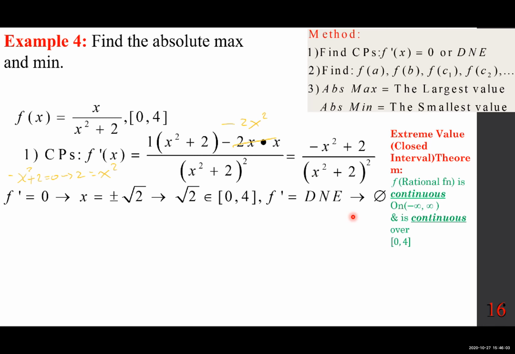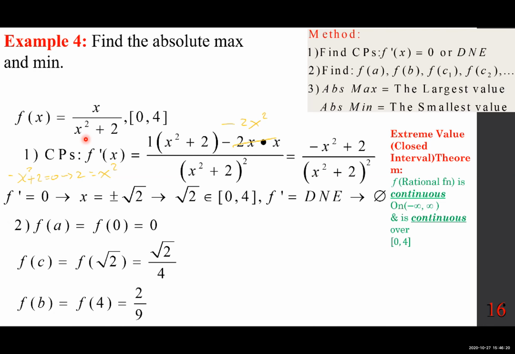What comes next? Plug in. I hope you see if you plug in 0, you get 0. If you plug in 4, you get 4 over 16 plus 2, over 18, 4 over 18 or 2 over 9. If you plug in square root of 2, the top is square root of 2, and the bottom is 2 plus 2, 4. So I'm assuming nobody has any problem plugging in. I hope you see that this is larger than this one.